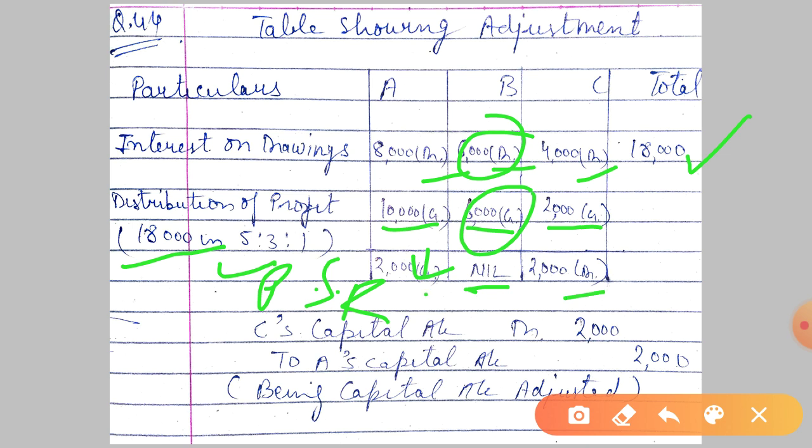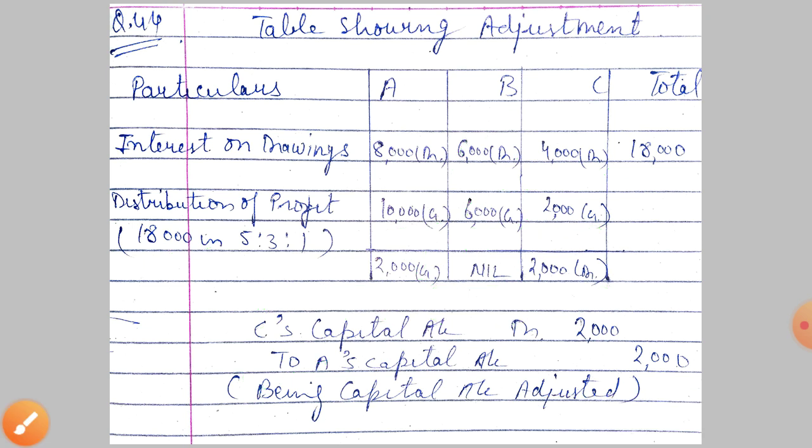Now we can easily make the entry from A's and C's capital: C's capital will be debited and A's capital will be credited. I hope this is clear to you. So this is the table showing adjustment, where by a single adjusting entry we make the transaction count.